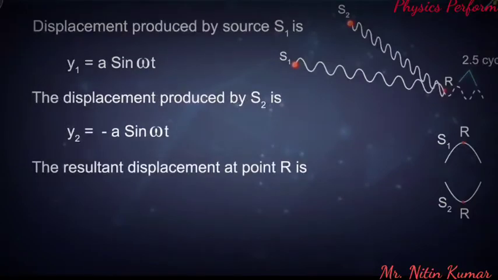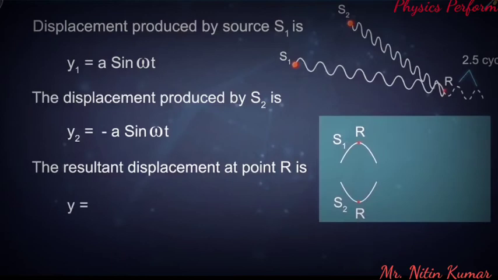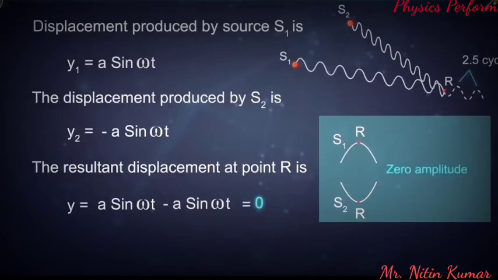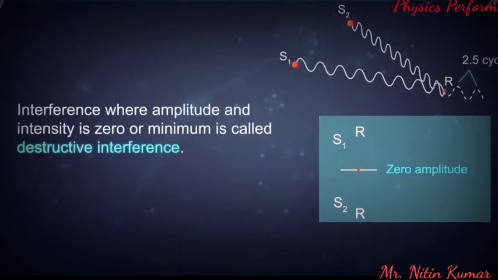Therefore, the resultant displacement at point R is given by y is equal to y1 plus y2, which is equal to 0. Due to 0 amplitude, the intensity will also be equal to 0. Such type of interference where amplitude and intensity is 0 or minimum is called destructive interference.